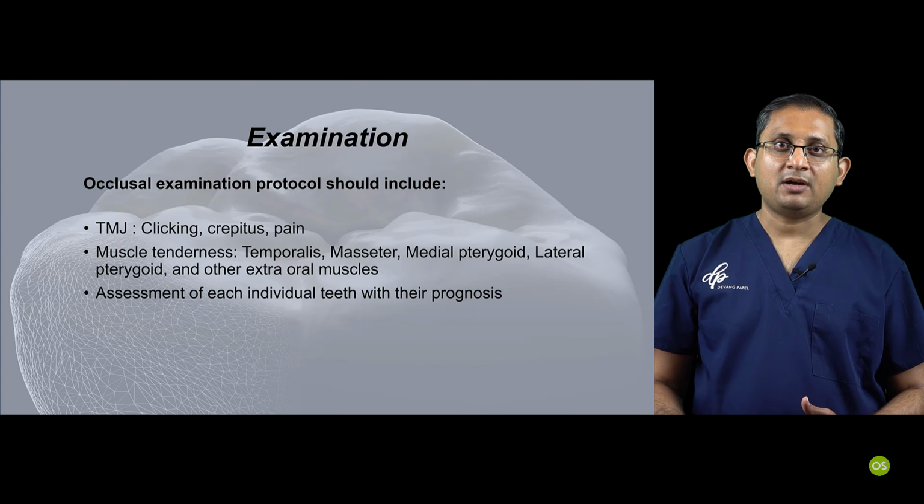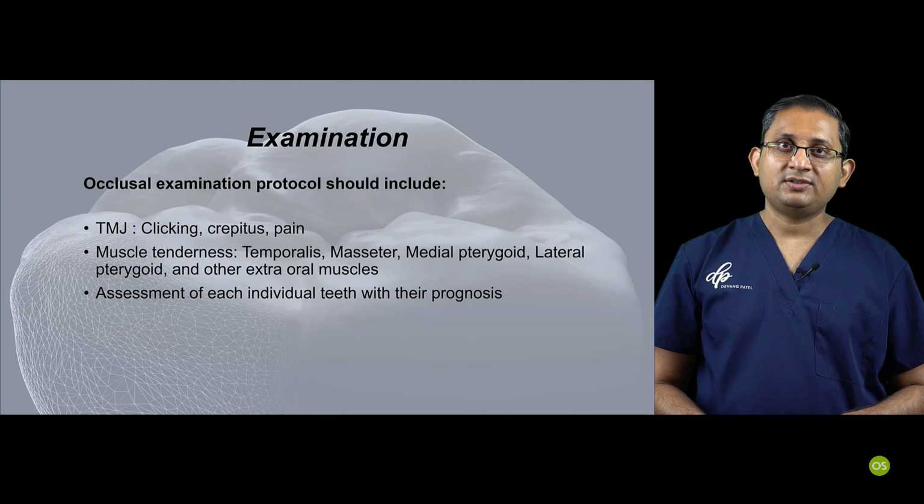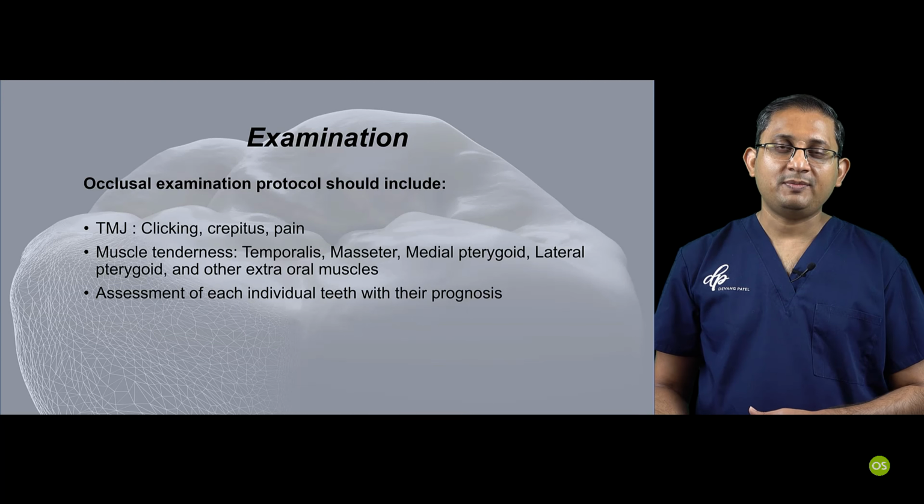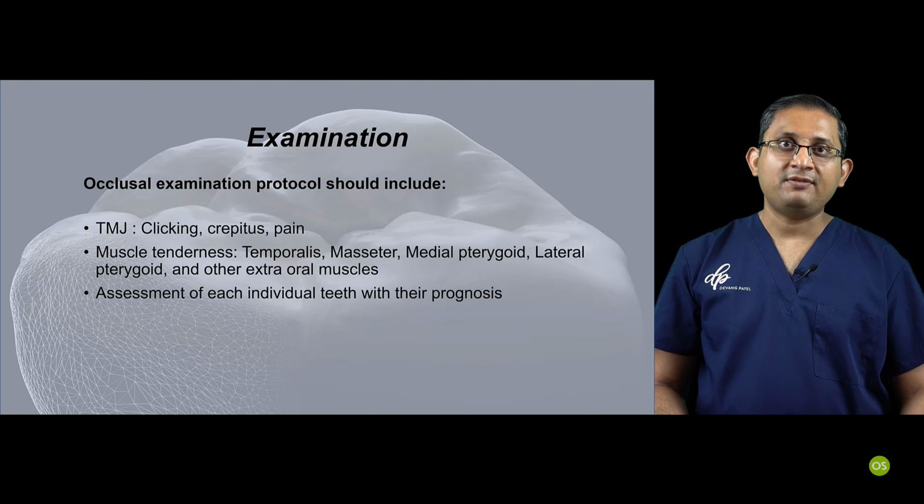If the tooth needs to come out, you extract it. If it needs to be saved, you save the tooth and temporize it. Once all the teeth are stabilized, then you can assess the patient's occlusion and plan a proper treatment plan for the longevity of those teeth and restore the missing teeth as well.